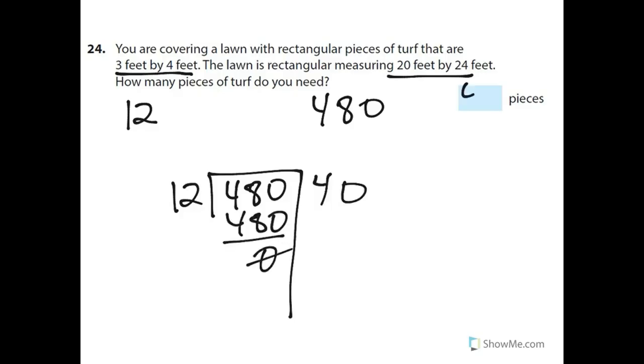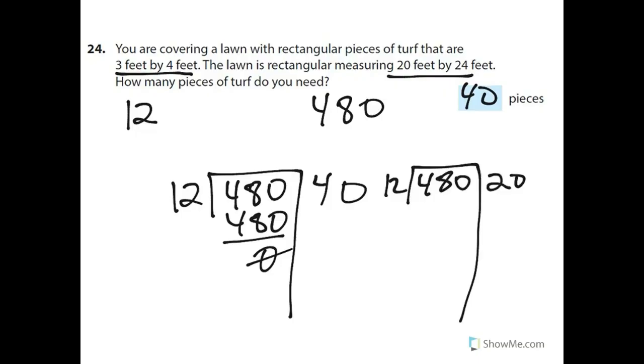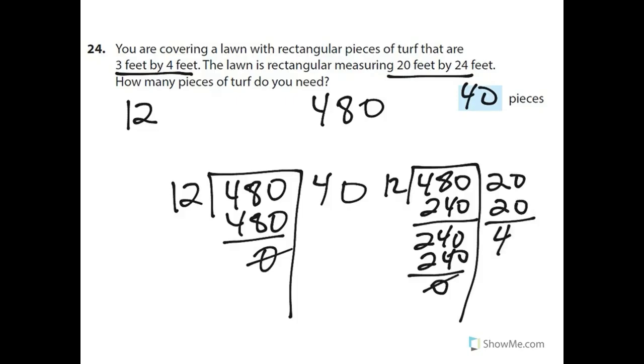Boom, already got it. Or maybe you think, well, I don't know that 4 times 12 is 48. But I know that 2 times 12 is 24. And 20 times 12 is 240. So I'll do 20 again. And still get 40.